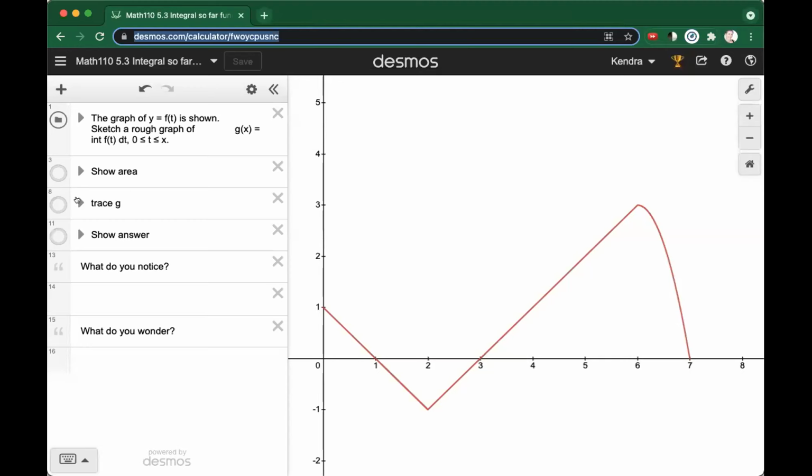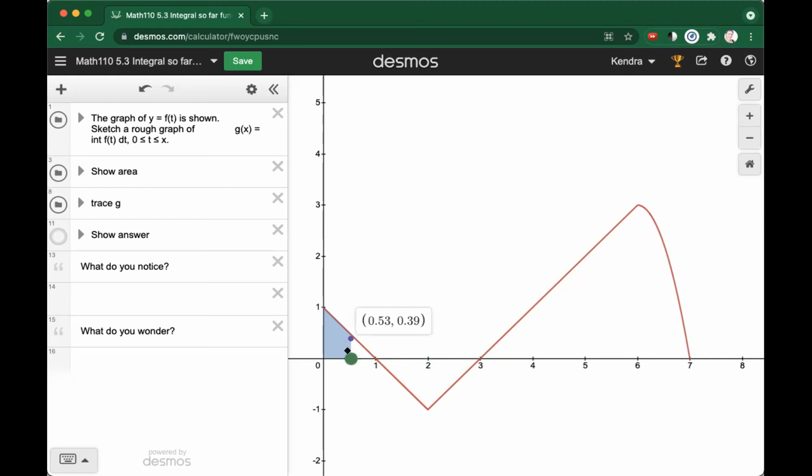If I drag this point, I am dragging along and calculating the area, the integral so far, where I've encoded the negative areas in orange and the positive ones in blue. And keeping track of the integral, that purple dot is going to be the integral here.